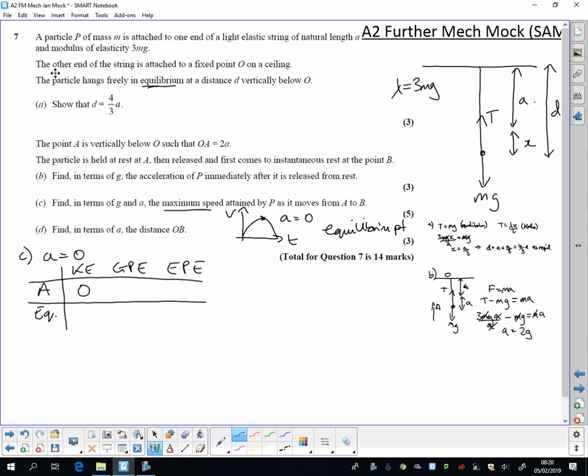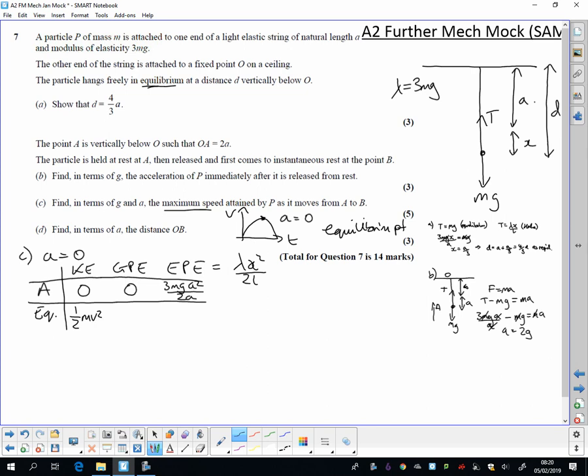The gravitational potential energy I'm going to set to be 0, and the elastic potential energy is lambda x squared over 2L, so lambda, our extension is A, over 2A, the natural length. At the equilibrium point, it's now got kinetic energy half mv squared.